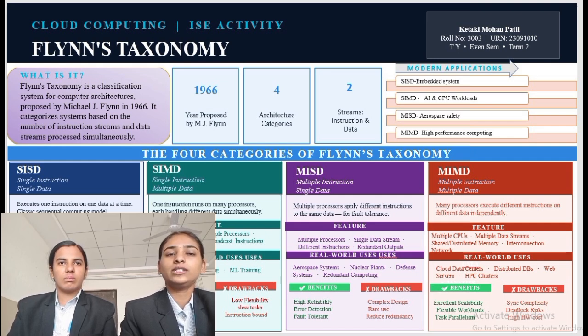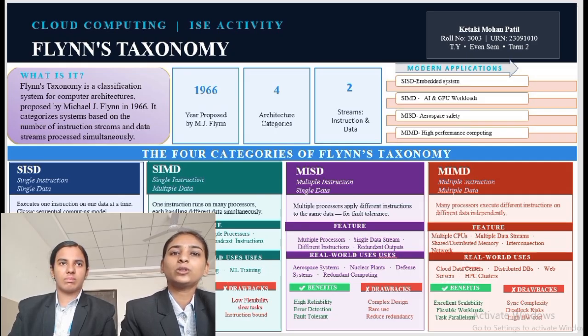Coming towards its disadvantages, one of the major ones is complex synchronization. As there are multiple processors performing multiple operations, it is hard to coordinate among all these processors. Then deadlock. As multiple processors work on multiple operations, some processes may block each other.